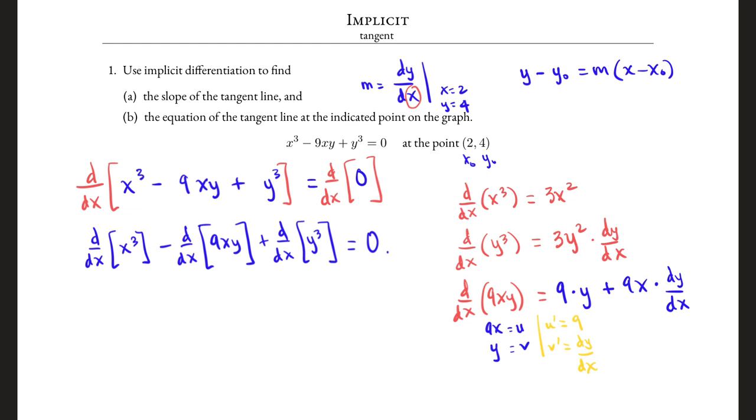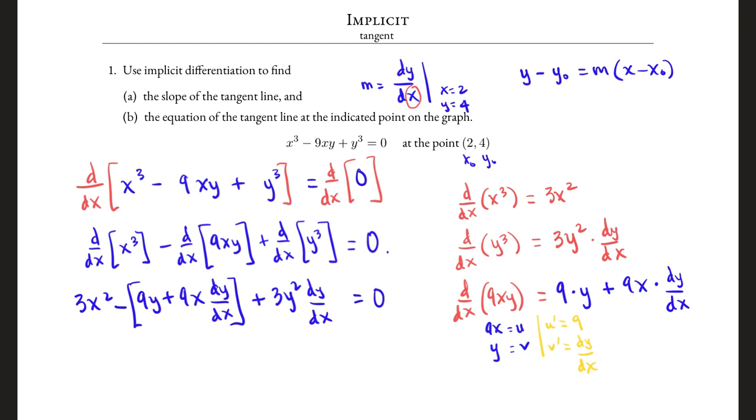Putting these together, we have the derivative of x cubed is 3x squared minus the derivative of 9xy, which is 9y plus 9x dy/dx, and we need to put it in the big bracket with a minus in the front because we need to subtract the entire derivative of 9xy, plus the derivative of y cubed is 3y squared, don't forget dy/dx, equals 0.